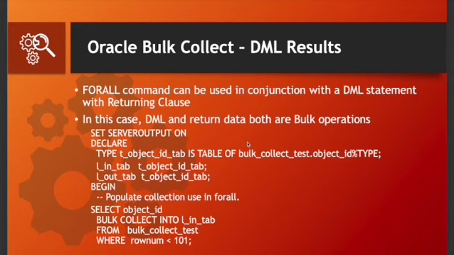We are writing a select, which is written there, bulk collect into. We are using the bulk collect keyword before the into clause, so it will bulk collect where rownum is less than 101, meaning 100 rows will be bulk collected in this l_in_tab variable, which is basically an object type variable.